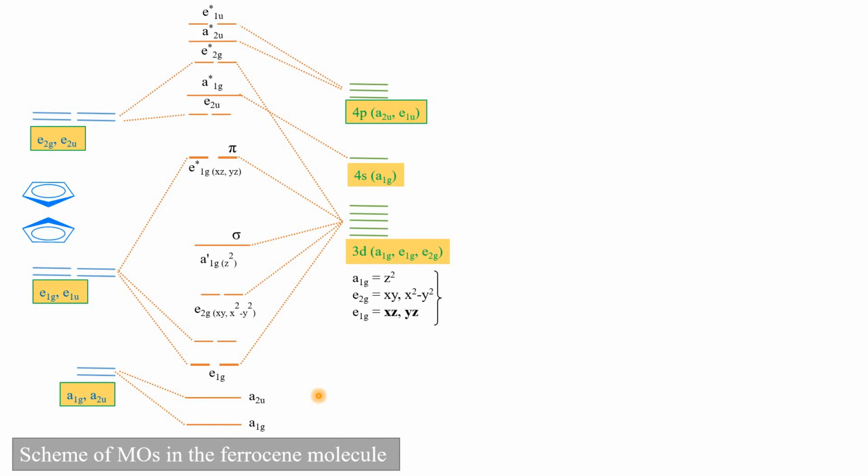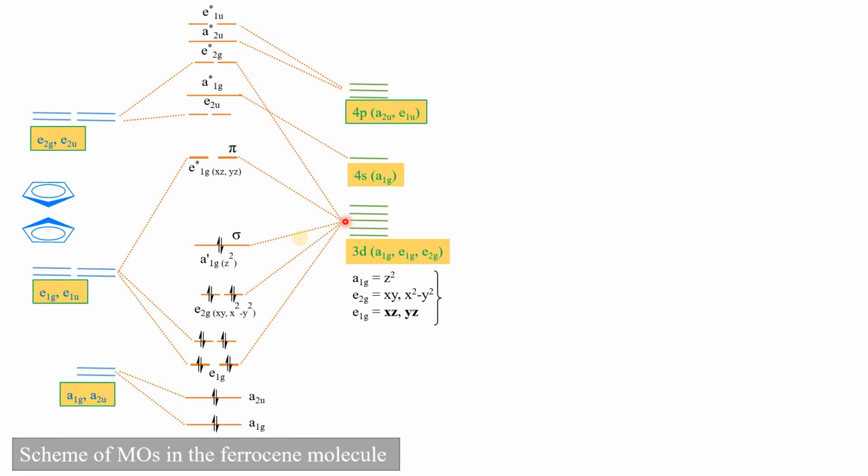So there are a total of 18 electrons we have to fill in increasing order of the orbital energy. So let's start filling. 4, 4, 8, 4, 12, 4, 16, and 2, 18. So 18 electrons are filled here.